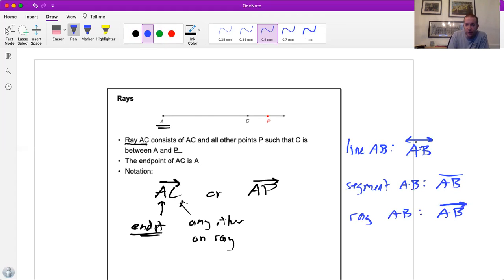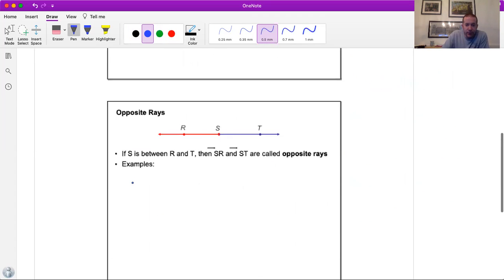So you see the line has two arrows, the segment has no arrows, and the ray has an arrow on the side that goes on forever. The reason we always write it like this is that A is the endpoint and B is the goes-on-forever side. If A and B were both endpoints, it would be a segment. So the hat is meaningful in some way. So that's what rays are, half a line. Think of it like that.